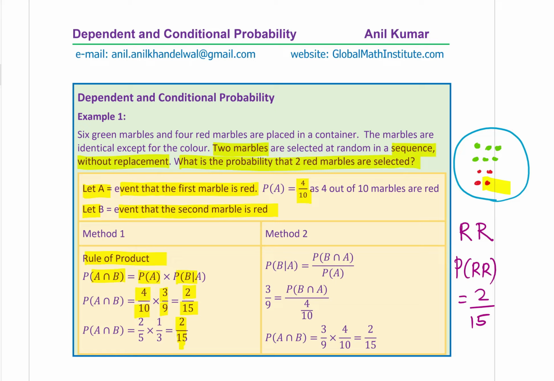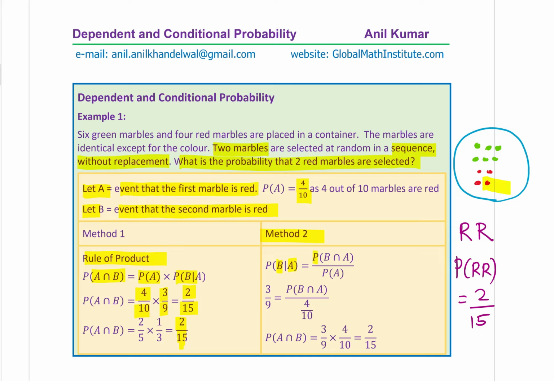Now let's apply the second method, where we are using the formula directly. That is to say, we want the second to be red when we know that the first one is red. So probability of B when A has happened. That is, we have already selected a red marble. Now what is the probability of getting a red marble?